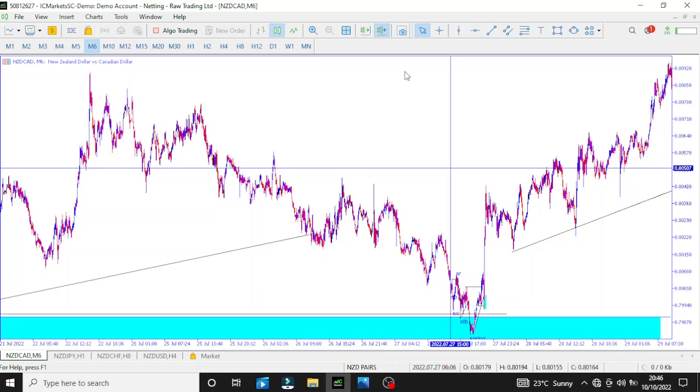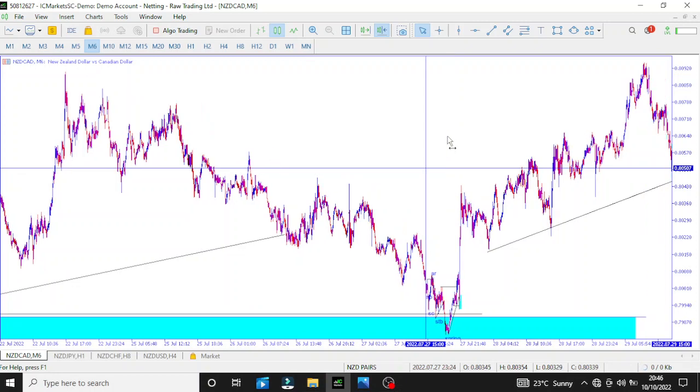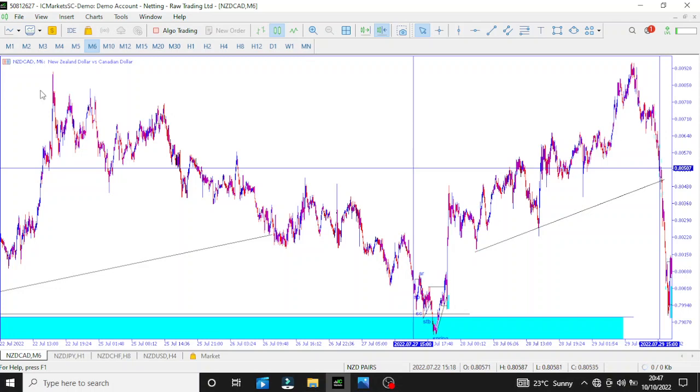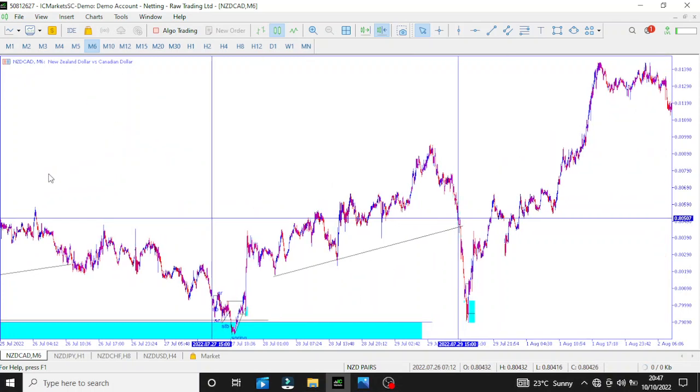A nice trade. You can close partials on the move, or you wait and close your full profit at these highs.